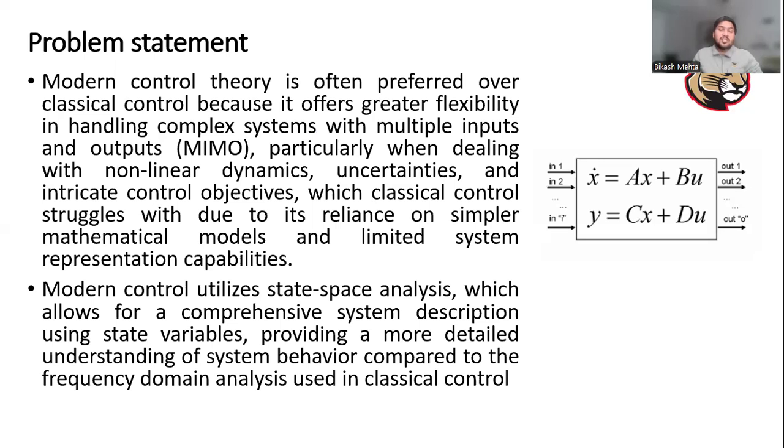It also utilizes state space analysis, so that we can better comprehend the system description using state variables, and later modify and change it in order to maintain the control objectives.